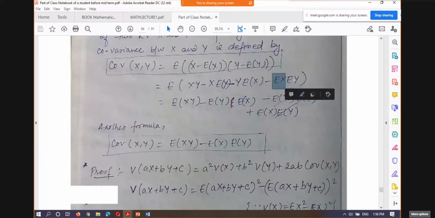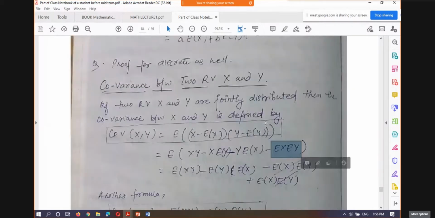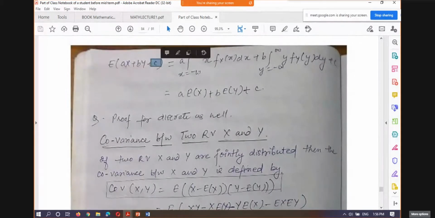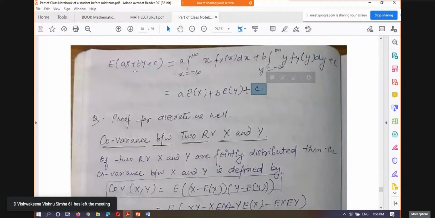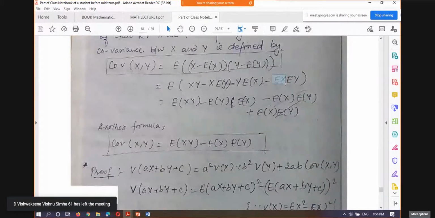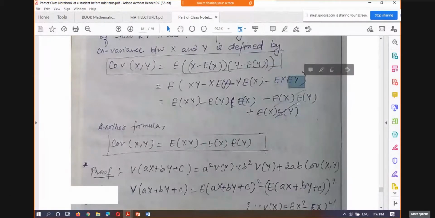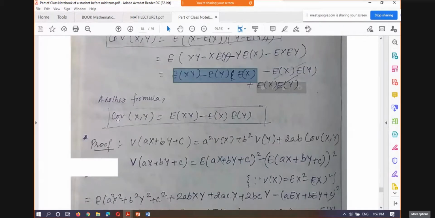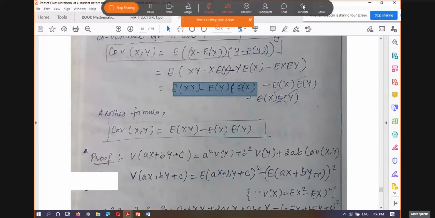And here, expectation of x is constant and expectation of y is also constant, so this term is a constant, and the expectation of a constant is the same term. Like you can see, the expectation of c is actually c. If there is no variable, it remains the same. So this term remains the same, and since it is in plus and in minus, it will cancel out, and you are left with it like this. And finally this.